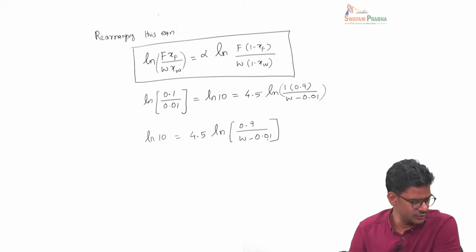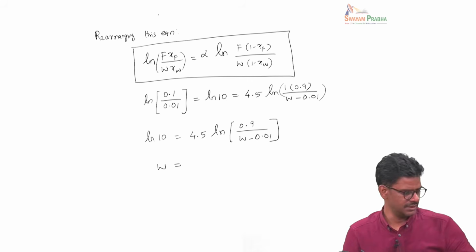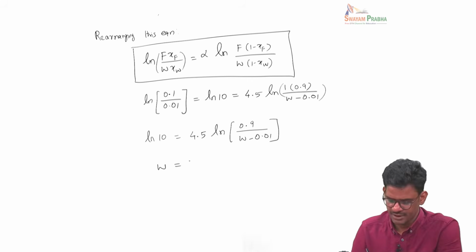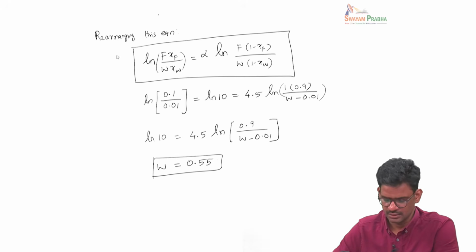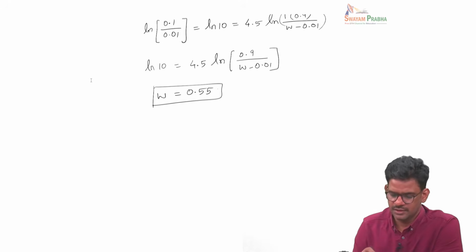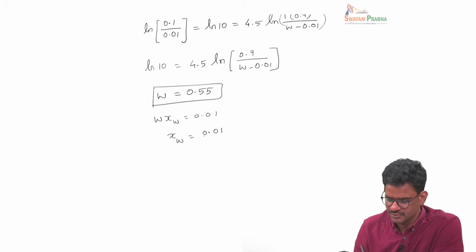So, from here we can solve W, this comes out to be 0.55. So, W is 0.55, but we already know that W times XW is 0.01. So, from here we can solve for XW.